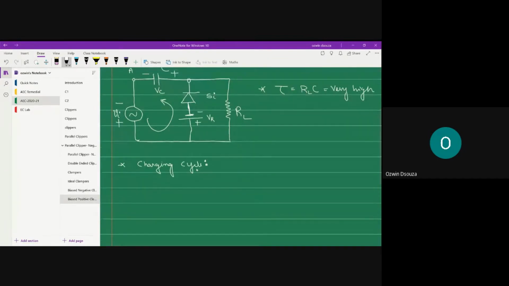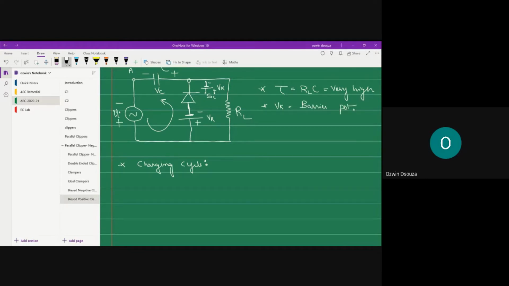And also, let us consider the barrier potential of the diode. It is going to be something like this: on the upper side you will have a negative terminal, and on the lower side a positive terminal. This is Vk, and Vk represents the barrier potential.